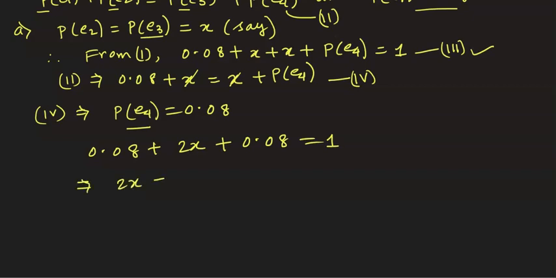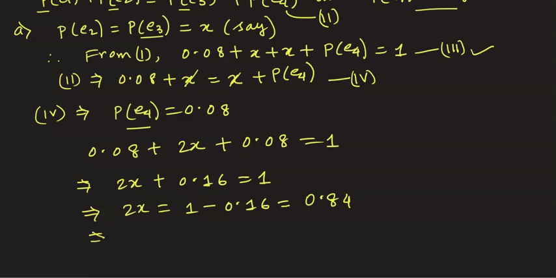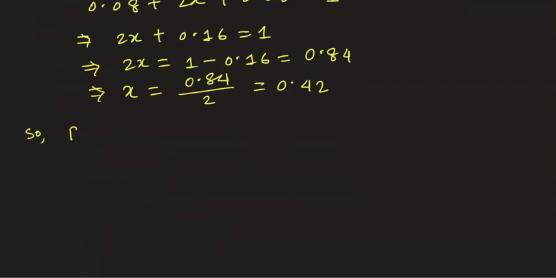So 2x plus 0.16 is equal to 1, which implies 2x equal to 1 minus 0.16, which is equal to 0.84. Therefore, x is equal to 0.84 divided by 2, which is 0.42. So, probability of E2 is equal to probability of E3 is equal to 0.42.